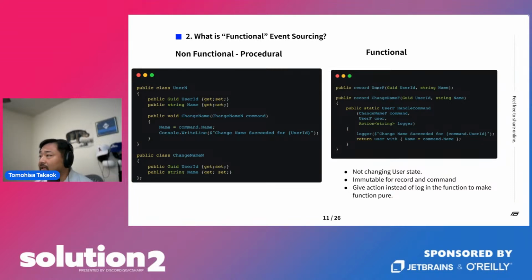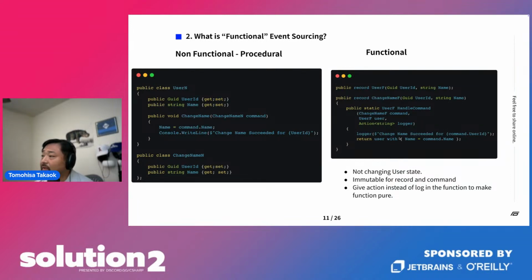UserF is a record, so it cannot be changed later. The command is ChangeNameF, which has the user ID and a string name. And the handle command is like this. The input is the command and the current user, and it converts and returns the changed user.